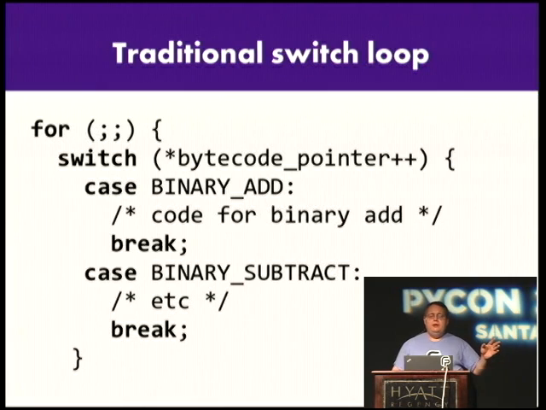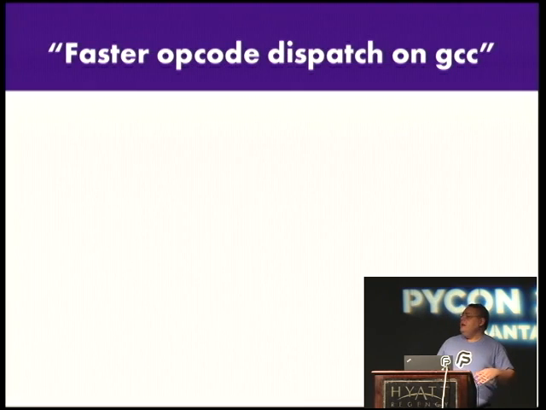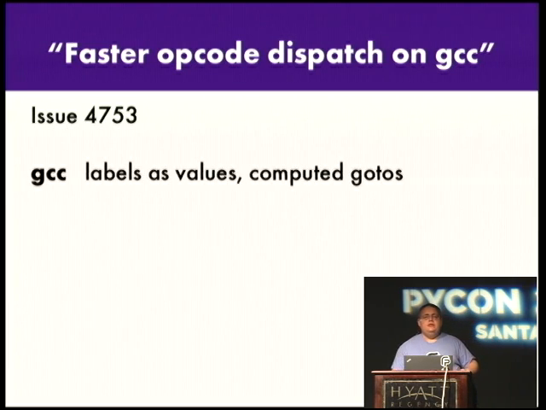But a couple of years ago, somebody figured out something to make Python go a little faster. That kind of complicated our lives a little bit. We're going to see it in the code in a minute. This was an issue on the Python bug tracker called faster opcode dispatch on GCC, issue number 4753. And this is using two GCC extensions to C called labels as values and computed gotos.